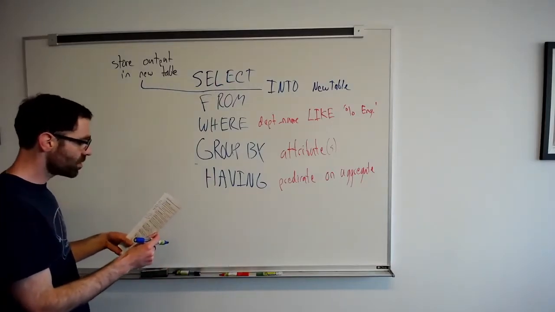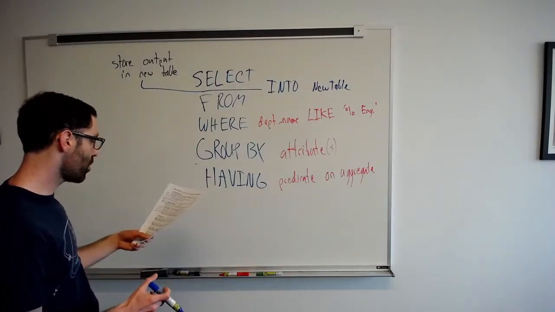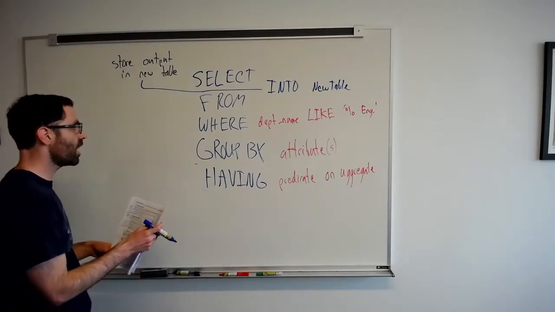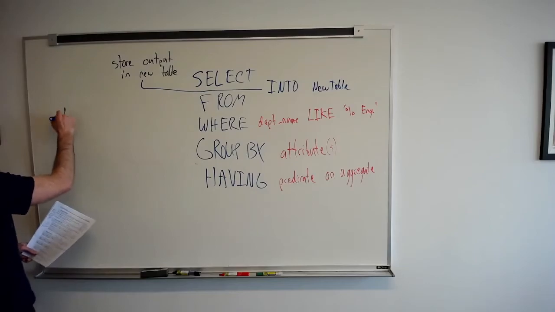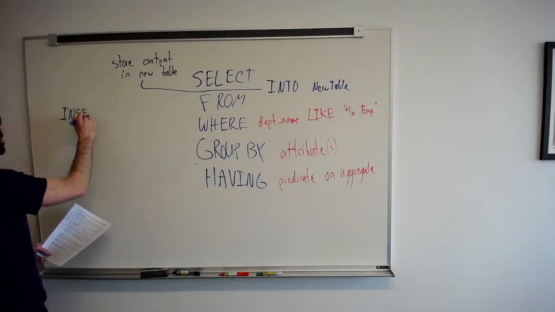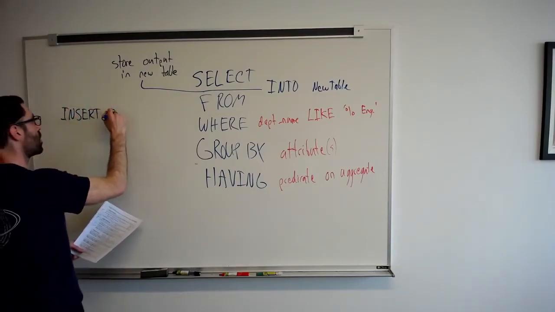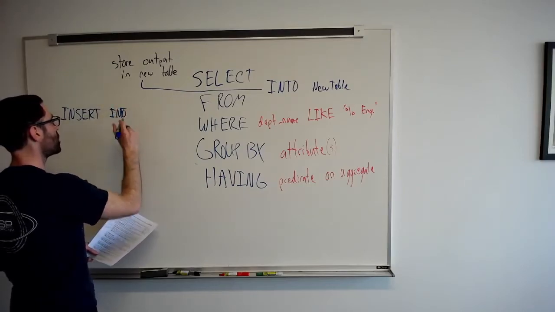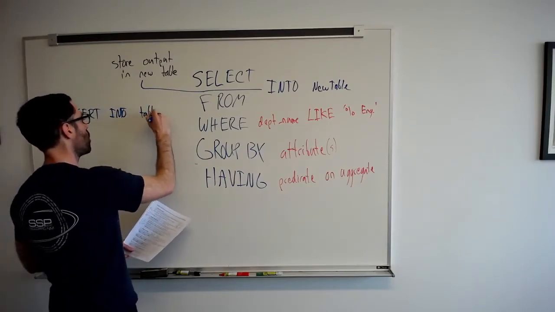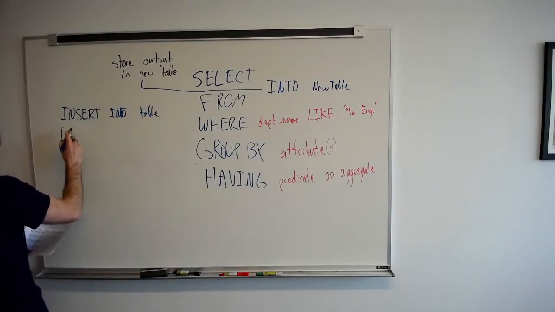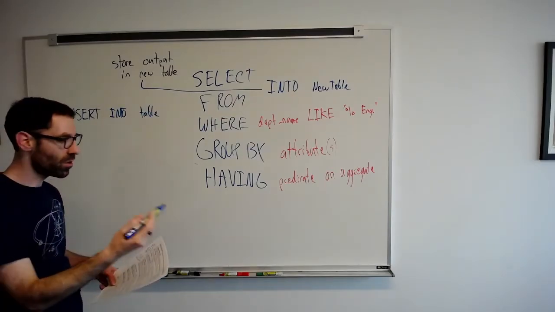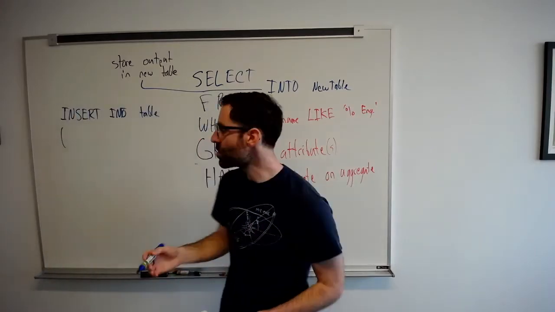And to insert into an existing table, we would say insert into whatever table it is, and then after this, in parentheses, the query whose results we want to insert into the table.